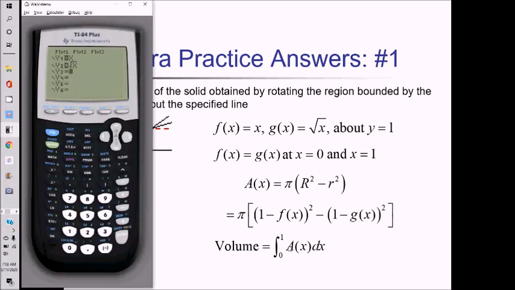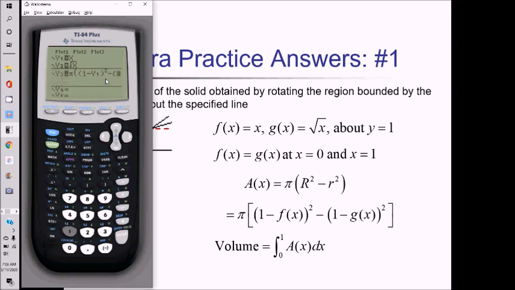I'm going to put the A function in my y equals just to keep things a little more manageable. So I've got a pi, and I'm opening a parentheses, and another parentheses. In that nested parentheses, I've got 1 minus the f function, which is alpha trace y1, and then I have to square all of that, minus, open another parentheses.